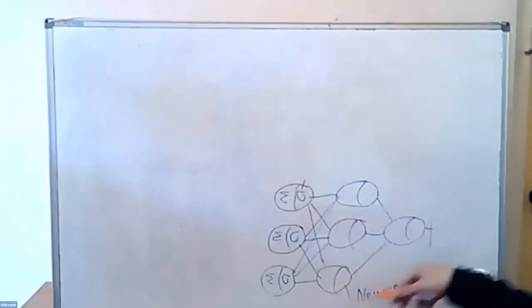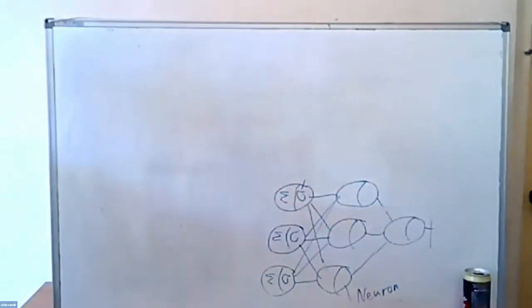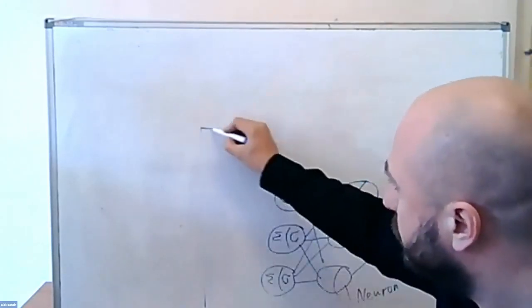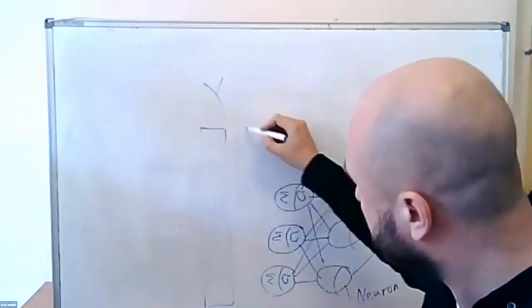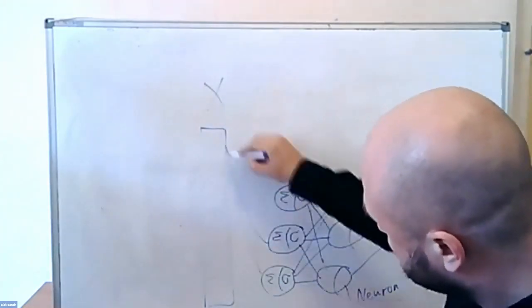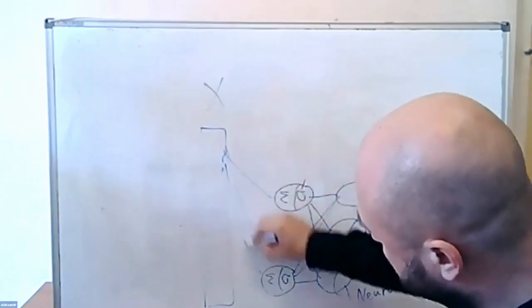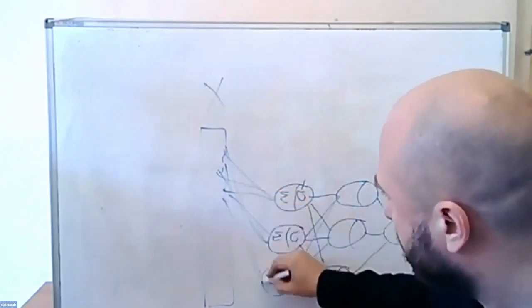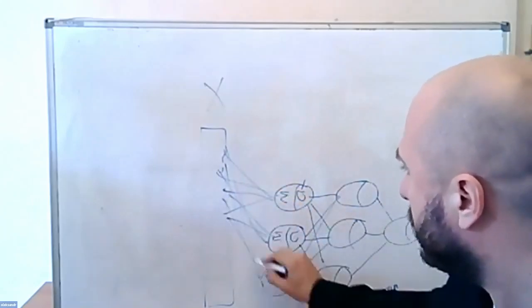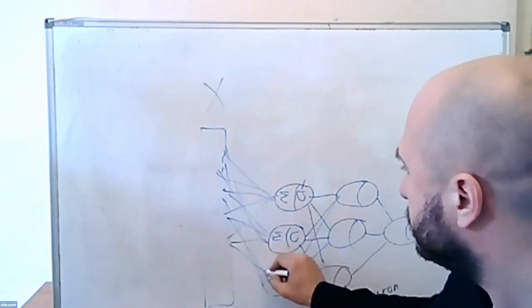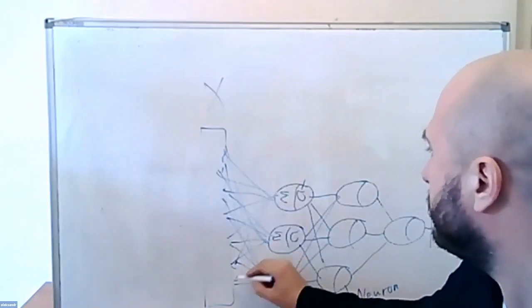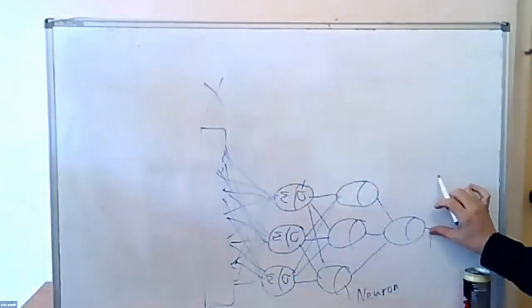So we have a neural network, and we understand that we can take a big X vector, feed each value to all the neurons, and finally get some prediction here.